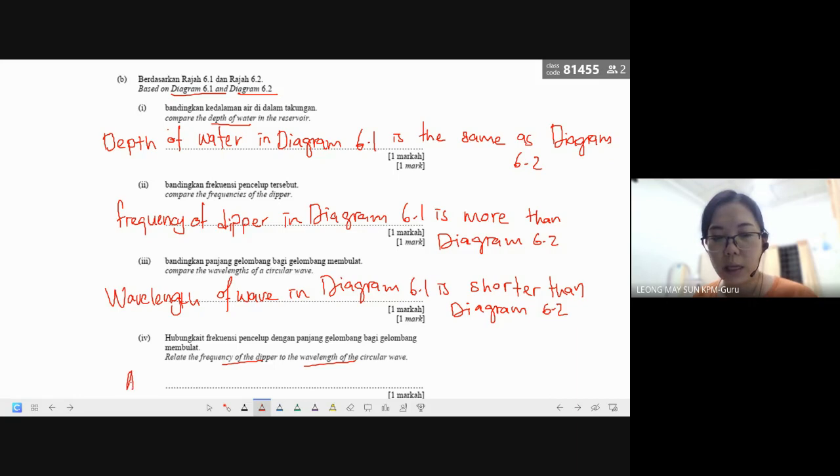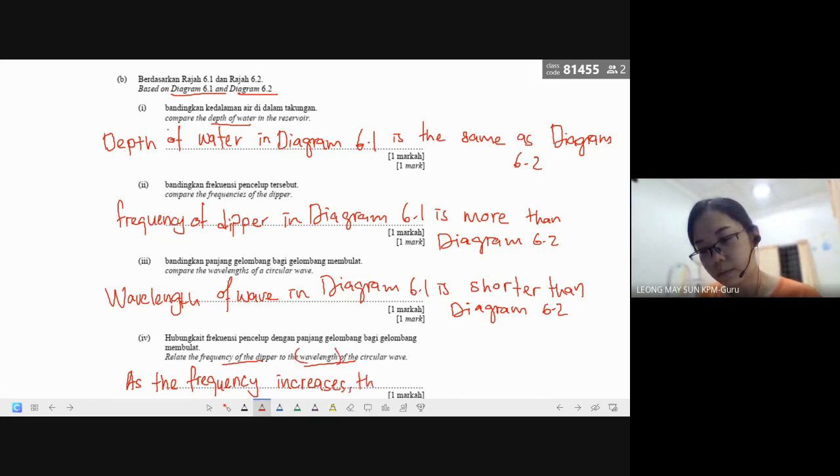So I will say as the frequency increases, I use back the word in the question, wavelength, the wavelength decreases. You can also answer as the frequency of the dipper becomes more, the shorter the wavelength of the circular wave. No problem.